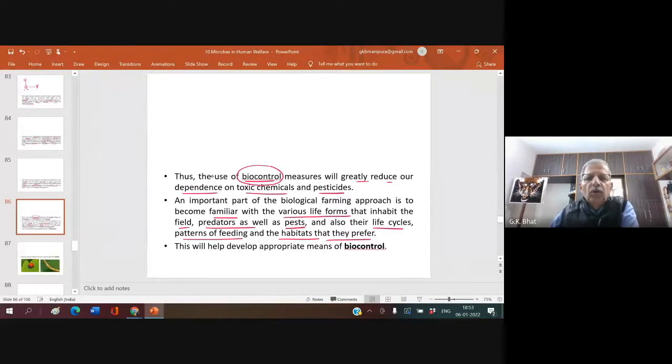So if you want to adopt some biocontrol measure, you should know which organism is eaten by which, which is its predator, which is its prey, what is the life cycle, what is the pattern of feeding of that organism, where it occurs. All these you should know if you are going to develop one biocontrol measure. This will help develop appropriate means of biocontrol.